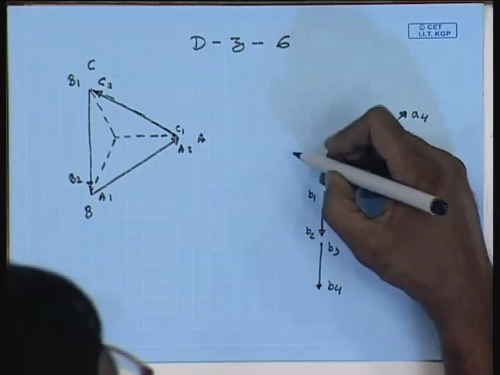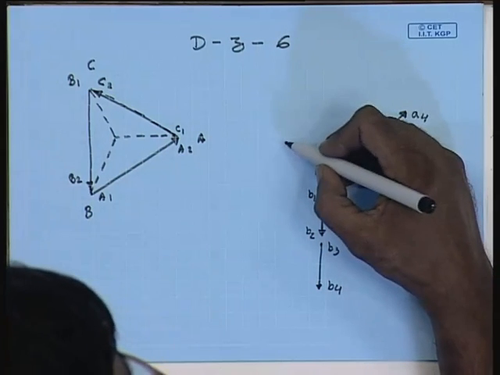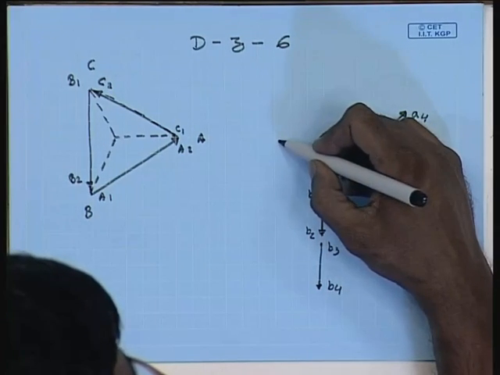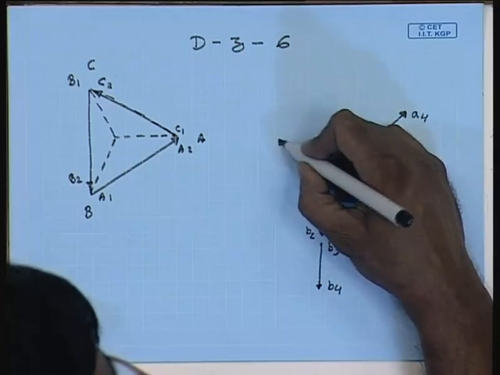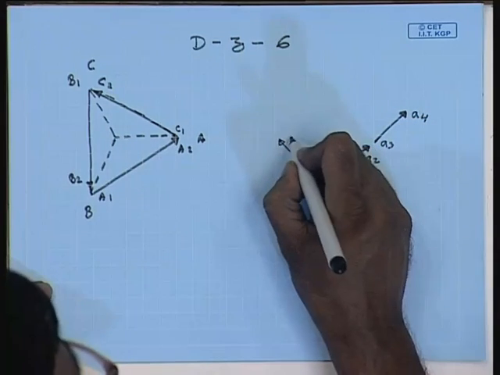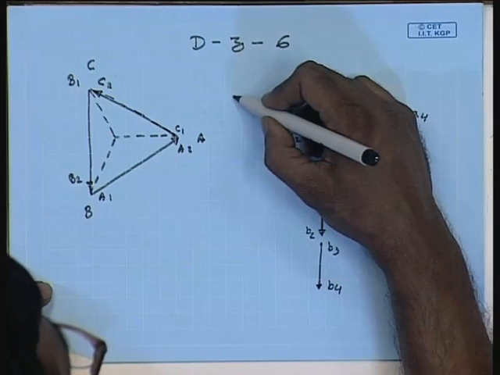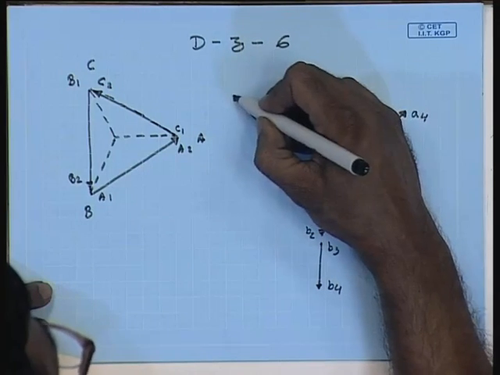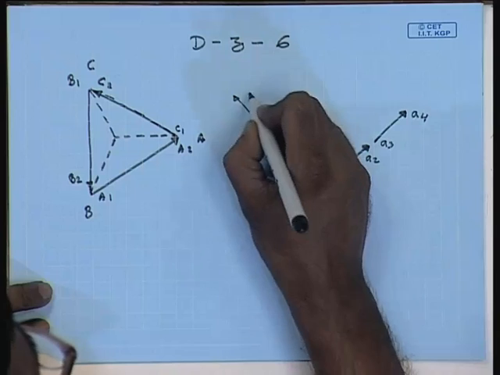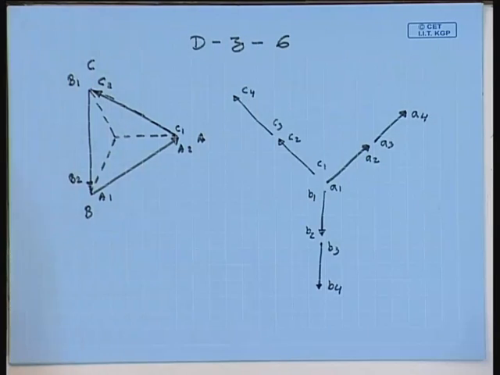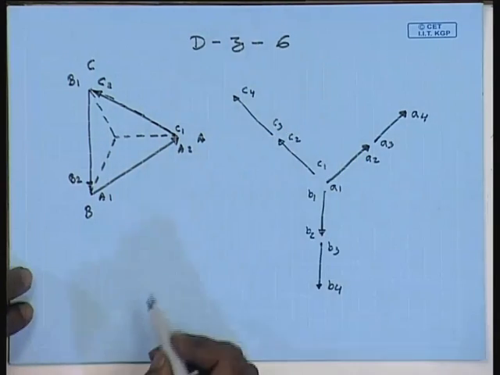These are the different winding voltage phasors that we will obtain on the LV side. C1, C2, C3, C4. Now, the connection is DZ 6 degree.